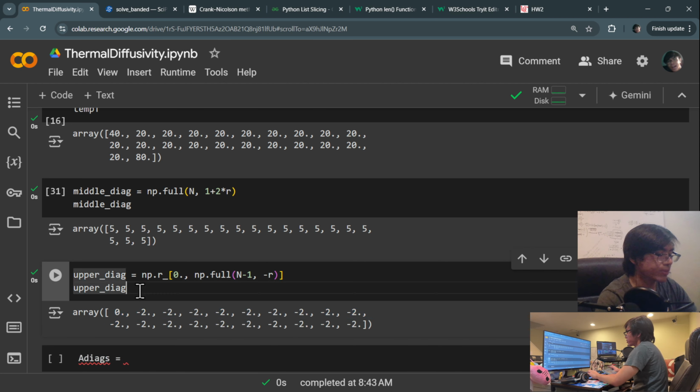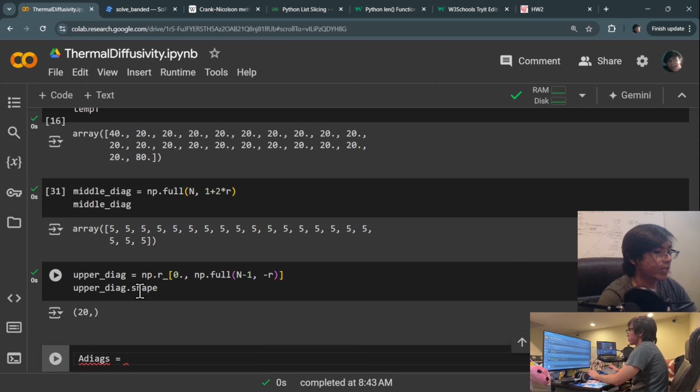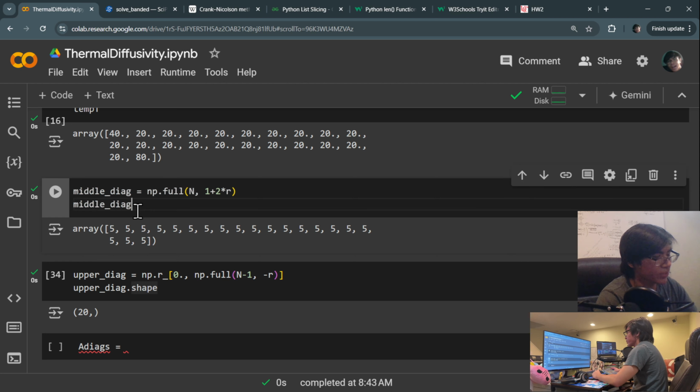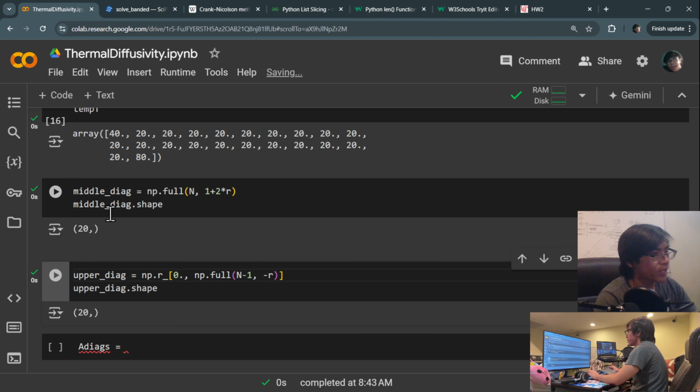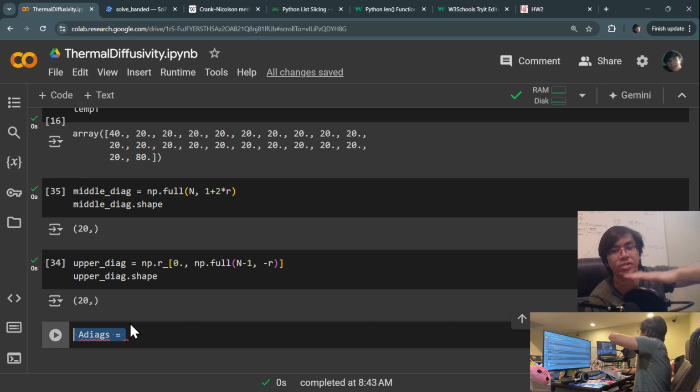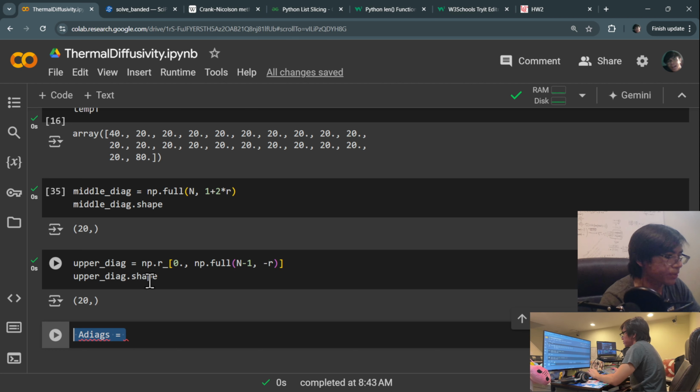And now you'll notice that this is a shape of 20 elements versus before, obviously 19, since we're adding a 0 here. And we want to match these up so that when we do a vertical stack, when we stack all the arrays on top of each other, they all match nicely.